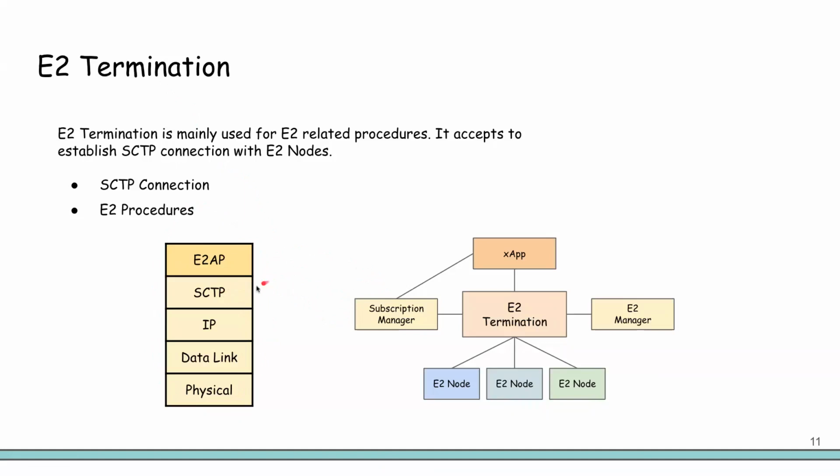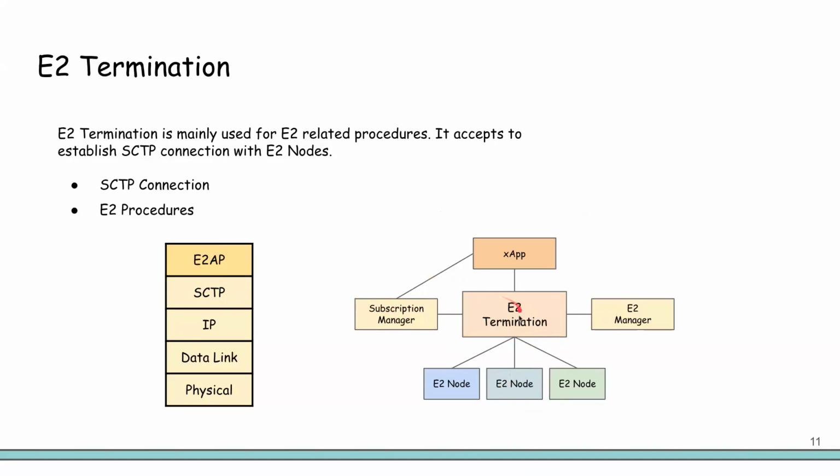When an E2 node wants to communicate with the RIC, you need to use the E2 AP specification. E2 AP would be on top of the HTTP. So E2 termination needs to first establish the HTTP connection with the E2 node. Then they can use the E2 AP protocol to communicate with the Near-RT RIC platform.